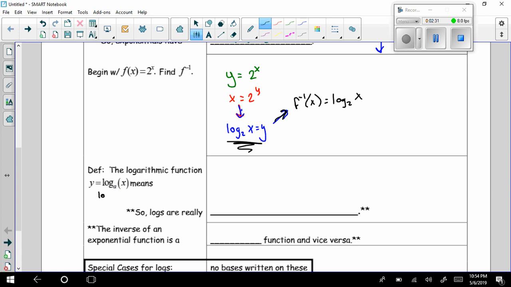So this is log base a of x when you're reading that out loud. So we have log base a of x equals y.